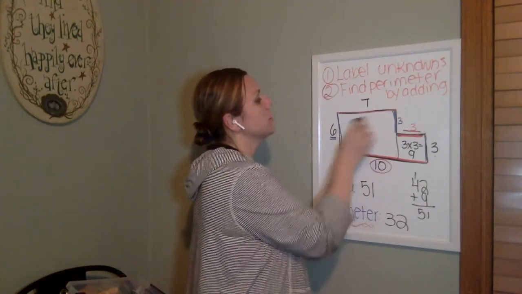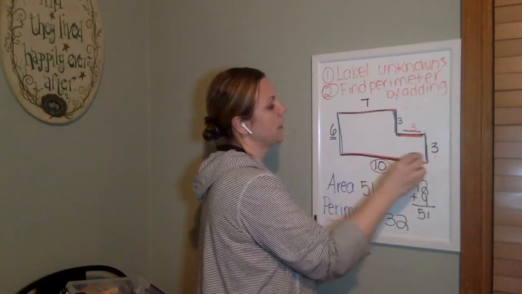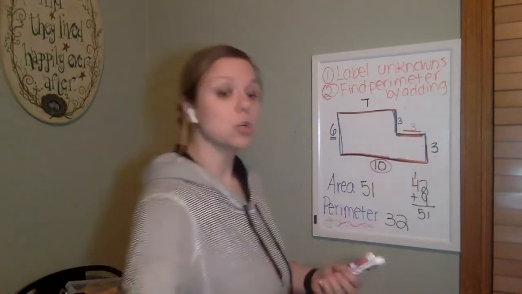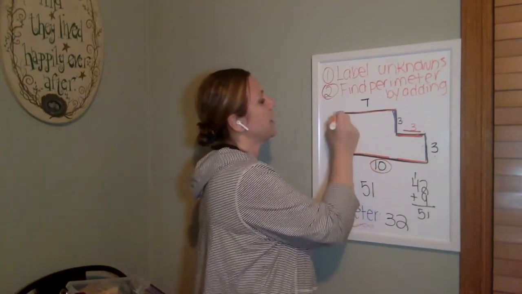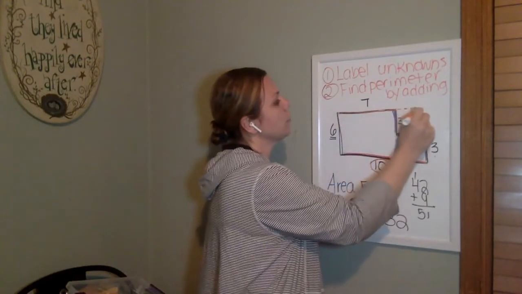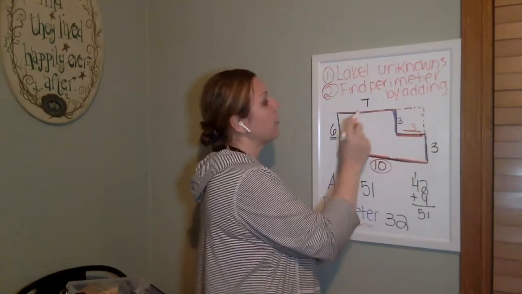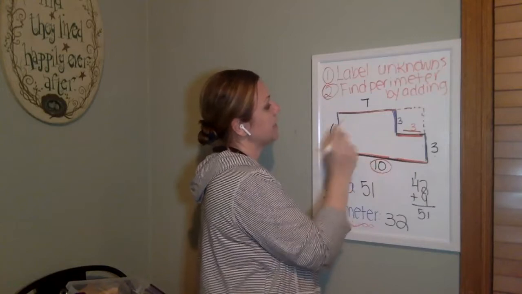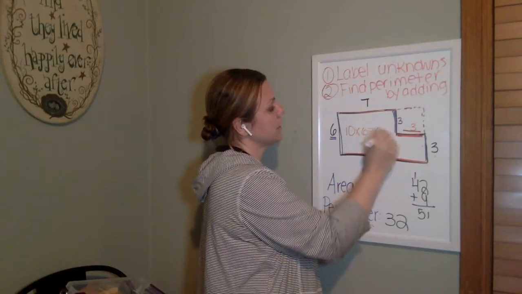It really sort of depends on how you prefer to visualize this, because the other way that you could do it is you could find your area of the whole shape pretending that this part here is filled in. That would make this 10 times 6 equals 60.